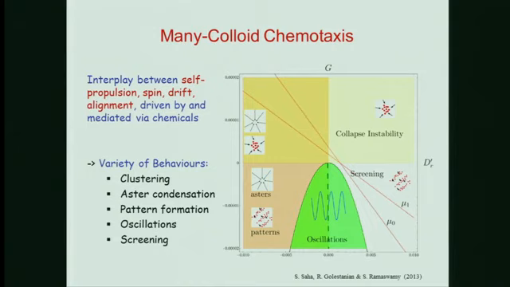When the orientation field becomes unstable, you can have something which you can call an aster. As it turns out, these two don't always happen at the same time. You can have the possibility of aster condensation in a region where you don't have collapse instability in the parameter space, or you can have them at the same time. You can also have spontaneous oscillations, and you can have screening, which was briefly discussed in a couple of previous talks.